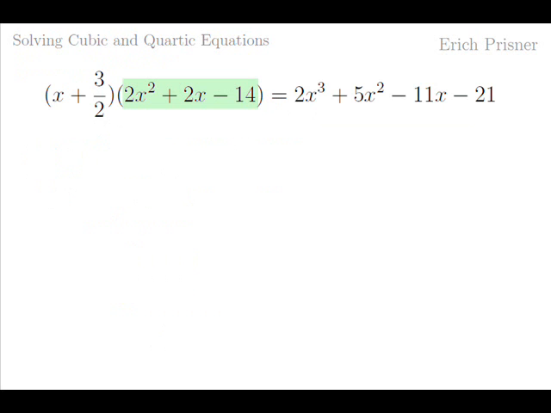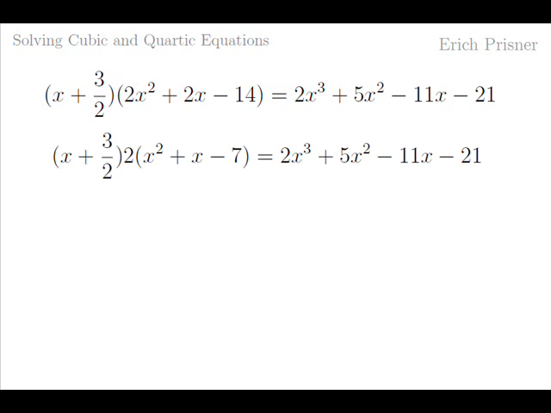We get 2 times x plus 3 over 2 times x squared plus x minus 7 equals 2x cubed plus 5x squared minus 11x minus 21.